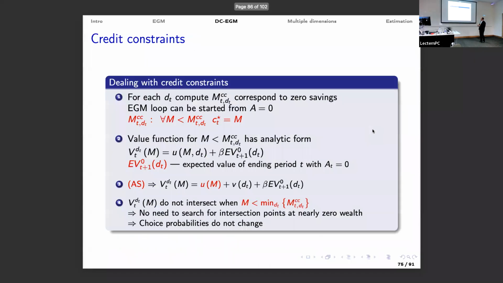And moreover, if we have the additive separability of the utility function such that the part of the utility corresponding to the discrete choice is separable, then you can see that this now becomes the same function u of m, the part of the utility corresponding to money to consumption, with some shifter depending on the discrete choice.